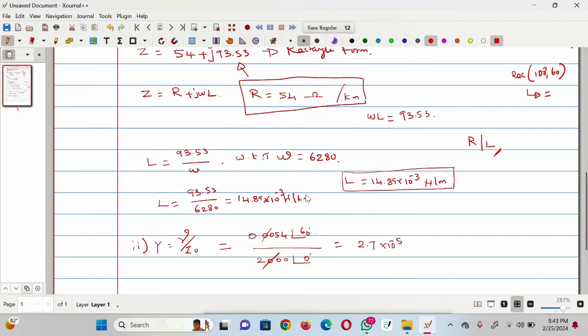For the angle, you take the subtraction: 60 degrees minus 0 degrees equals 60 degrees.